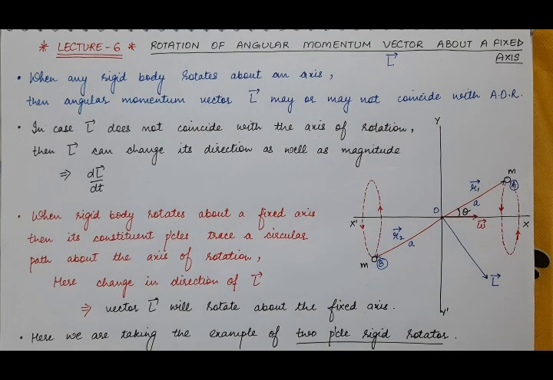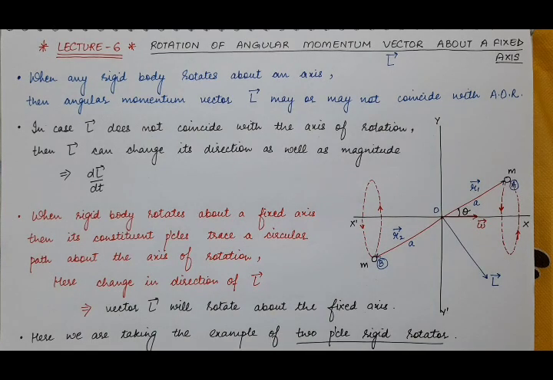In that case, the direction of L will continuously change. In the general case, what we will take is that if the direction of the angular momentum vector L does not coincide with the axis of rotation, then its direction is changing continuously.